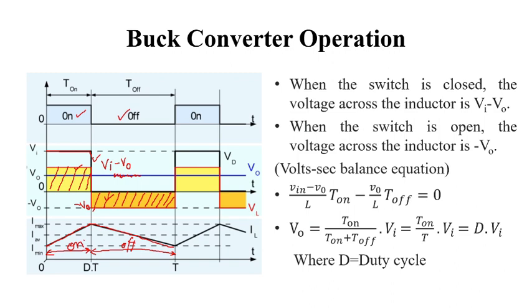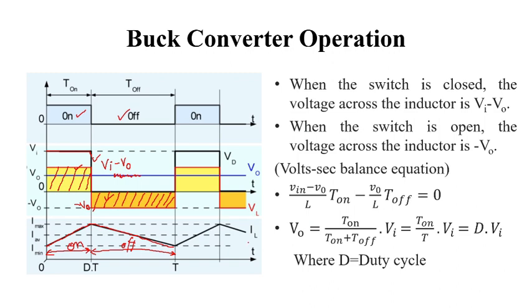So when the switch is closed, the voltage across the inductor, as I told you, is Vi minus V naught, and when the switch is open or off, the voltage across the inductor is minus V naught. Here Vi is the input voltage and V naught is your output voltage.